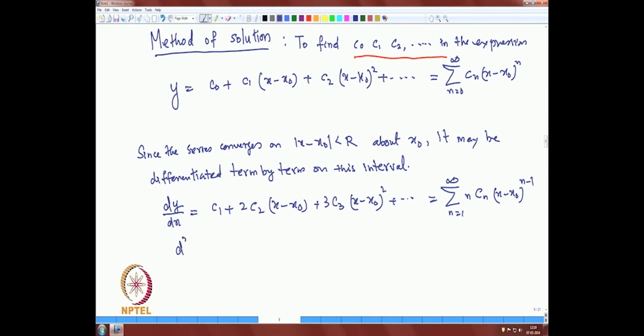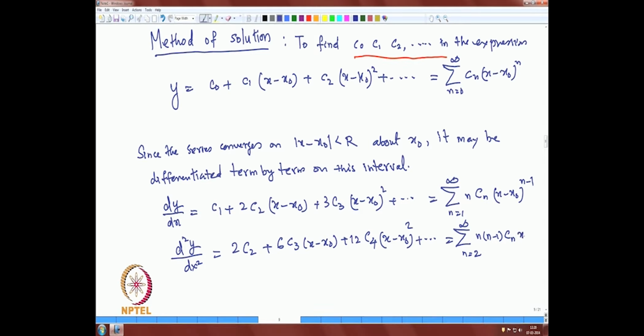And similarly, the second derivative d square y by dx square, the derivative of the above series, is 2C2 plus 6C3 into (x minus x0) plus 12C4 into (x minus x0) square plus etc., which is written as summation n is equal to 2 to infinity n into (n minus 1) into Cn (x minus x0) to the power n minus 2.